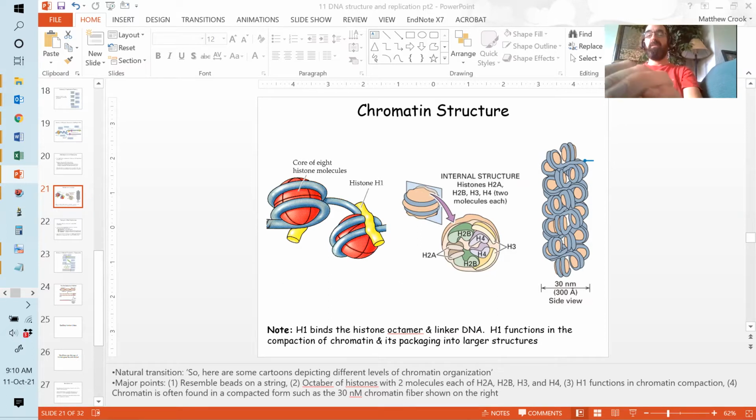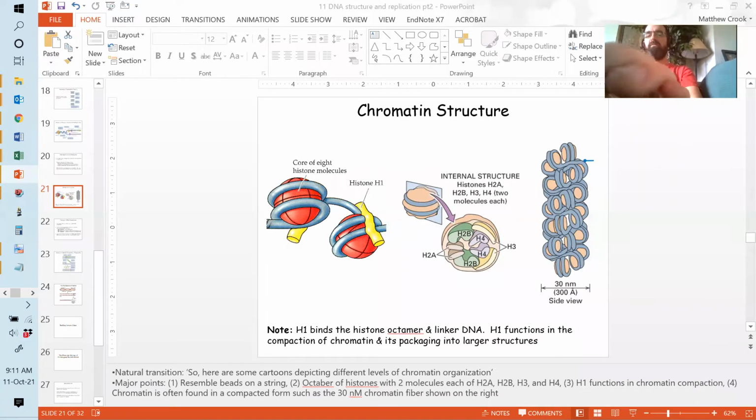So the nucleosome core particle is 8 histone proteins. Oh, actually, no, let's put it a different way.